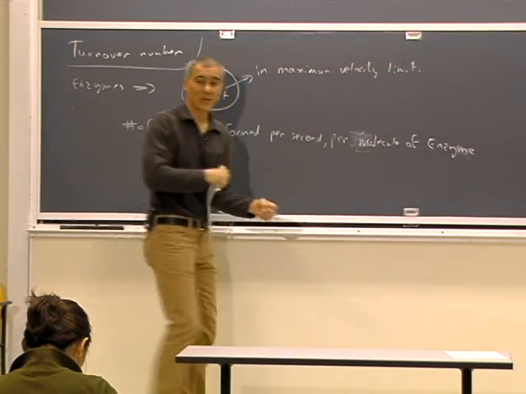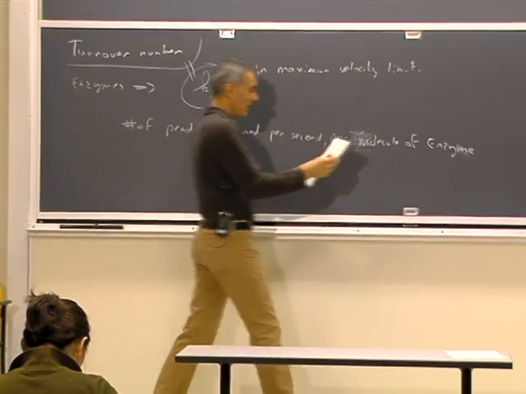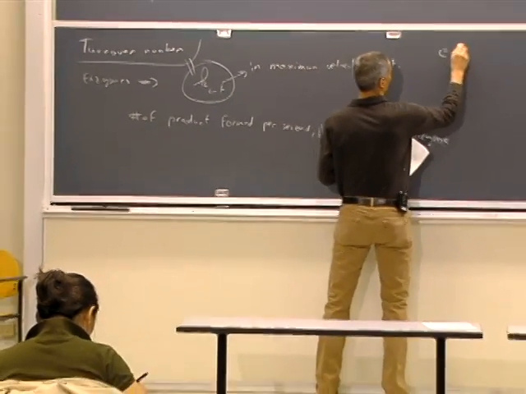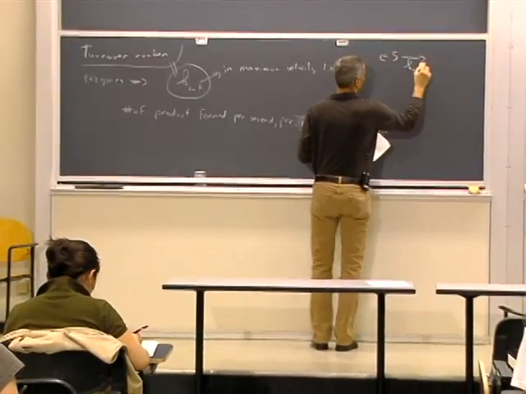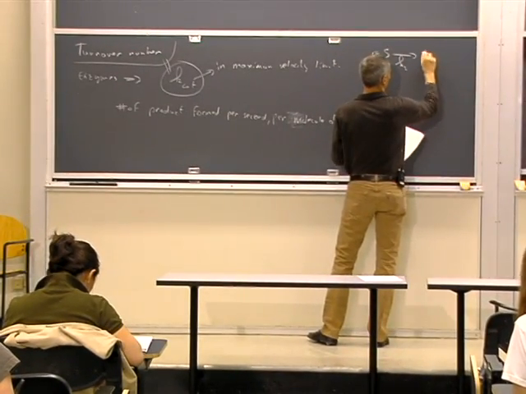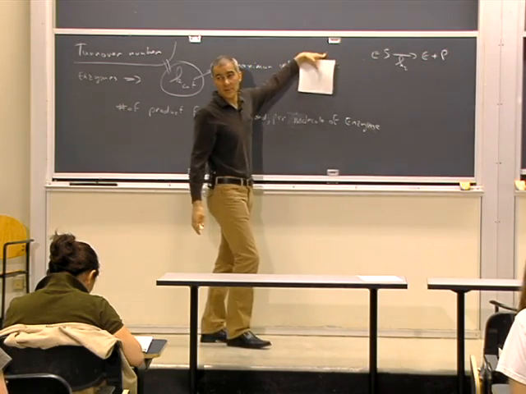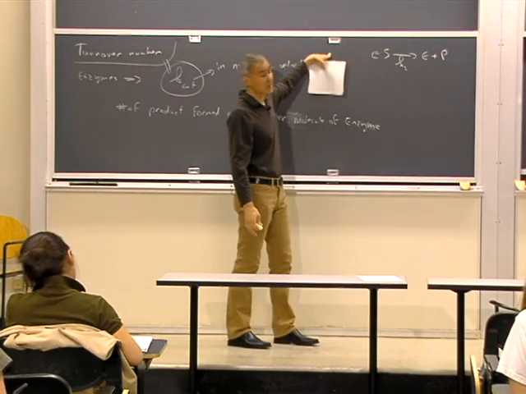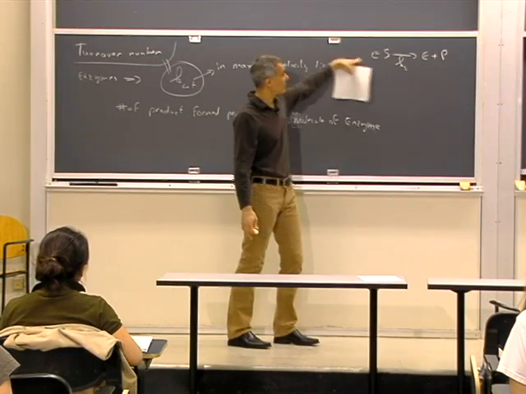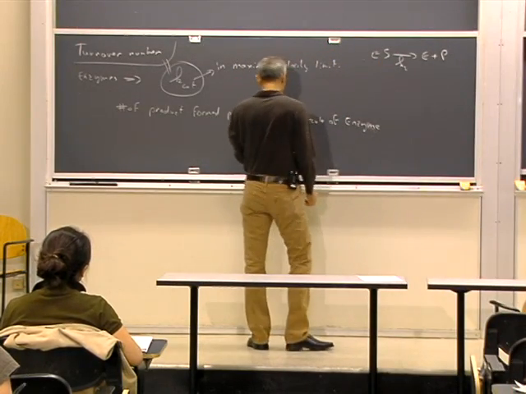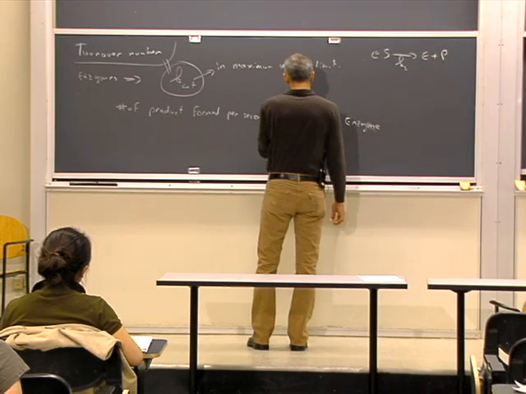Because in the maximum velocity limit, the process that's dominant is the second process, ES goes to enzyme plus product. The first process is not the rate limiting step. This is the rate limiting step because the substrate concentration is very high, so the first part goes very fast.